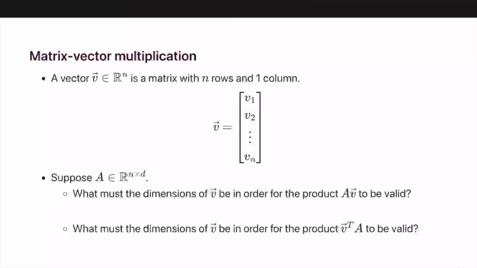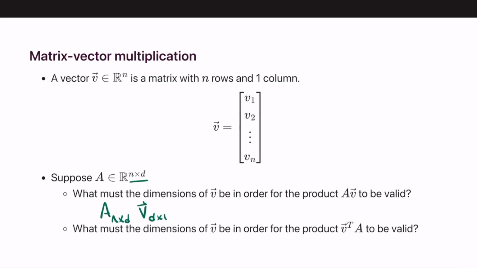And we want to think about, in order to multiply this vector and this matrix, what has to be valid. So if we want to do A times the column vector V, what must be true? We can write this down as, let's see, we have A, and this is going to be, as we know from right here, n by d. And we have some vector, and this vector has to be d by 1 dimensions because the inner dimensions must match.